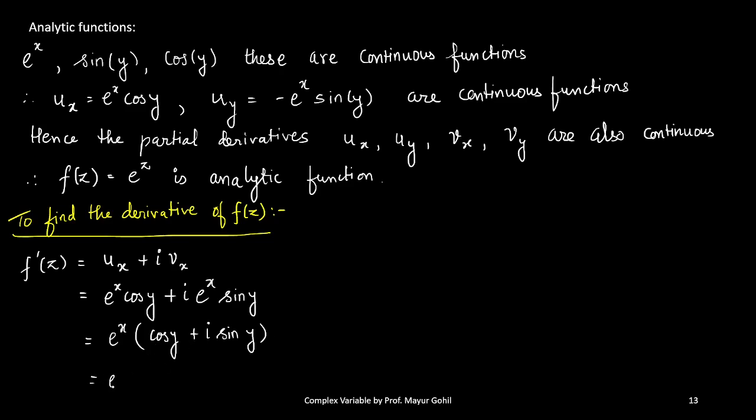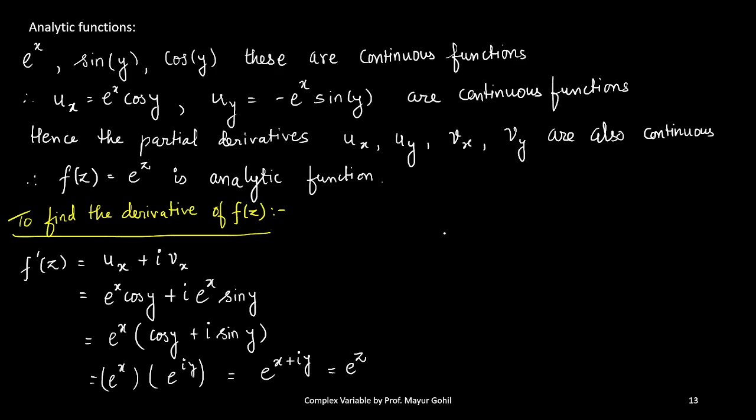Again we use the formula that cos y plus i sine y is e to the power iy. So this becomes e raised to x times e to the power iy. Further, when we simplify, we get e raised to x plus iy. But x plus iy, we had already substituted as z, so this is nothing but e raised to z.